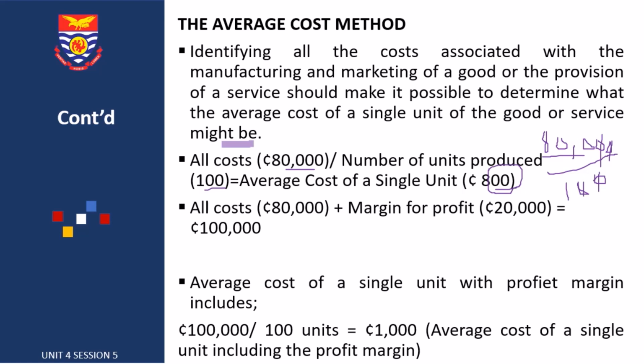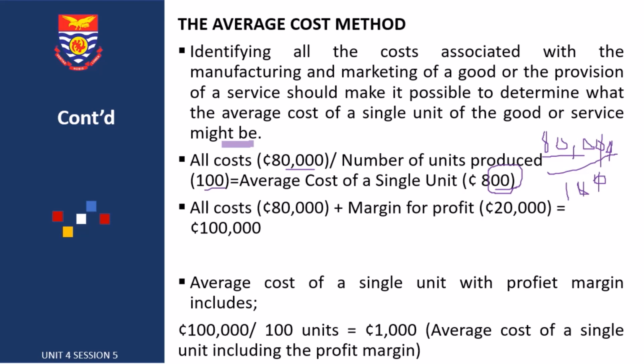To get the average cost method rightly, you would first of all have to look at the average cost of a single unit, that is the 800, then you will use it to proceed further. Now, since all cost is 80,000, a firm can have a reasonable profit element he or she would want to add.